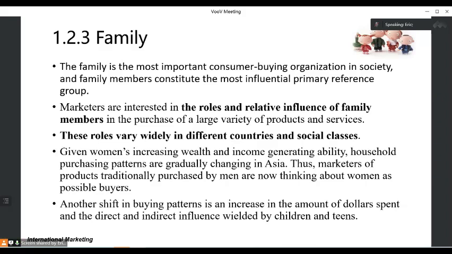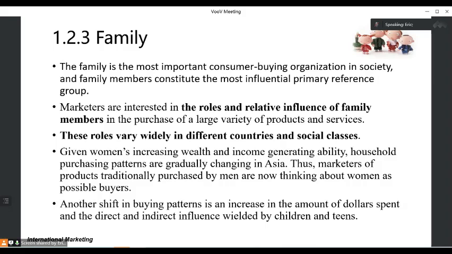Actually, in China, compared to other countries, the wife gets more power in purchasing. In recent years, we find that wives have more and more power compared to the traditional way.